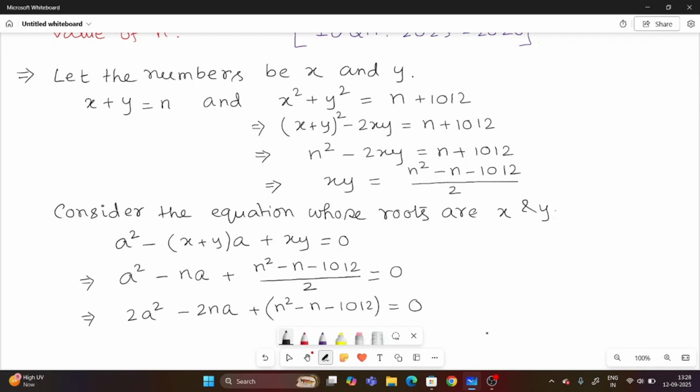But we have to satisfy now the original condition given in the question. What is that? The roots of this equation, x and y, are real numbers.